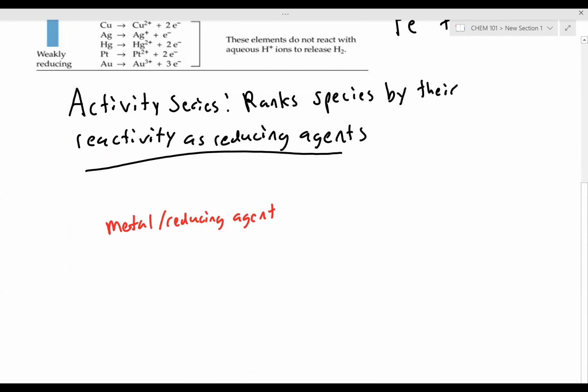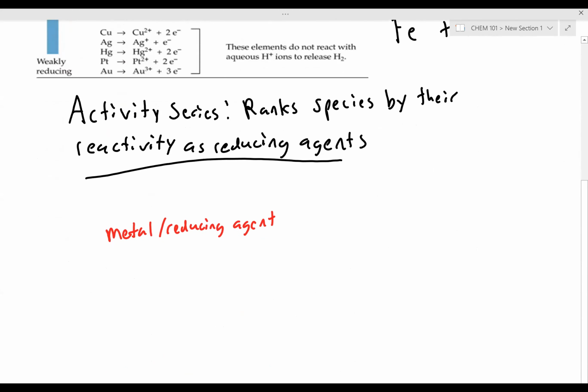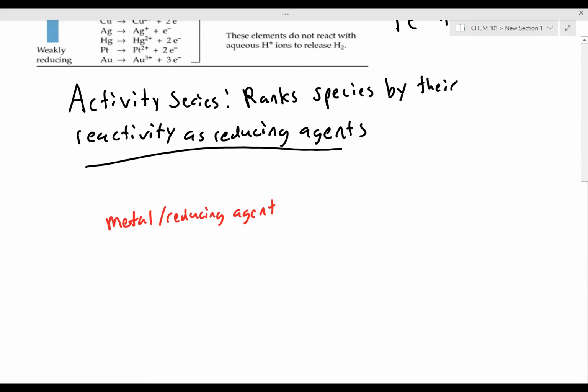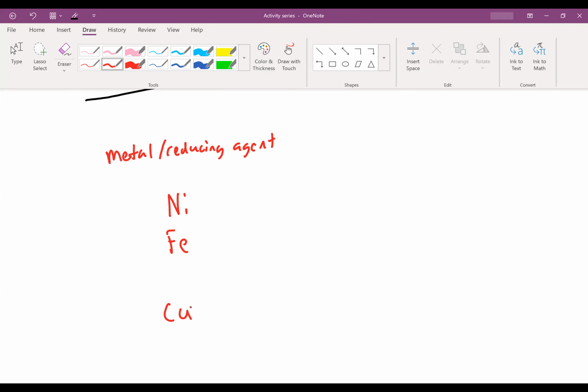So in this experiment, depending on whether you observe or do not observe a reaction, the first step is to write your metal or reducing agent. So for example, we have nickel, iron, copper, etc.